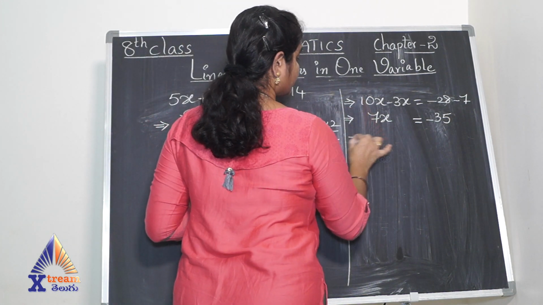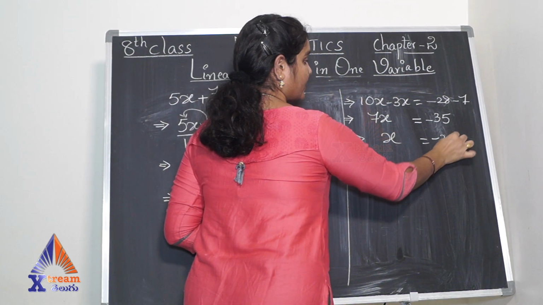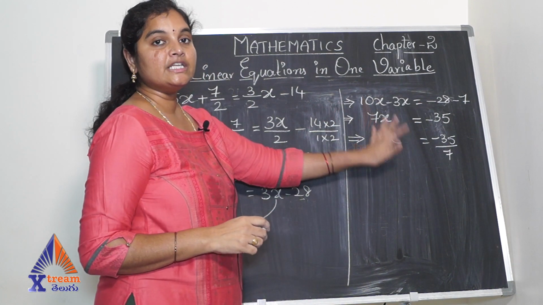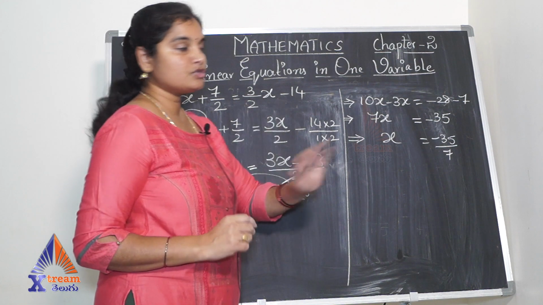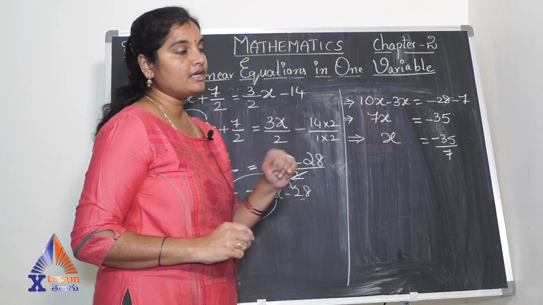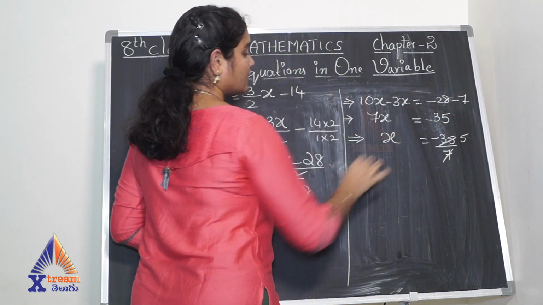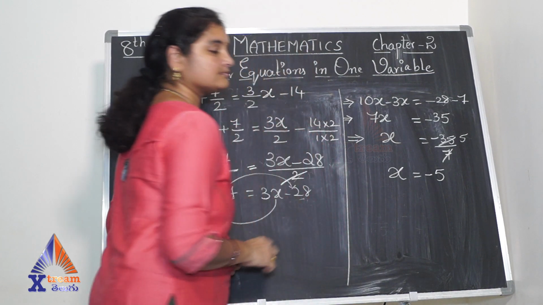So if 7 goes to that side, it becomes division. Minus 35 by 7. Again, integer division, a negative term divided by a positive term. Let's assume that there is no negative term over here and we'll go for the regular division, 7 ones are 7, 7 fives are 35. So your resultant answer will be minus 5.